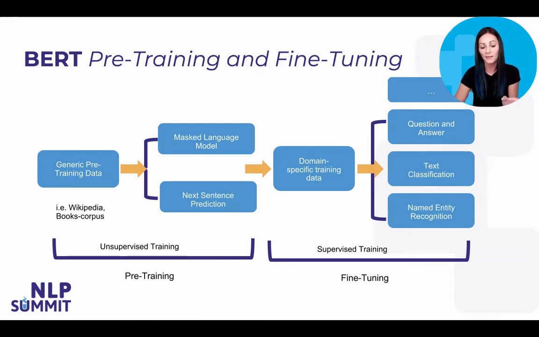And then it's running this masked language model where it's masking some of the tokens to predict the actual token, and also does this step of next sentence prediction in parallel. And when you're taking a pre-trained model, you can actually start for the next phase, which is fine-tuning that to your domain-specific data. And here it really depends on what you're training BERT on, whether it's question and answer, text classification, or named entity recognition, as just examples.